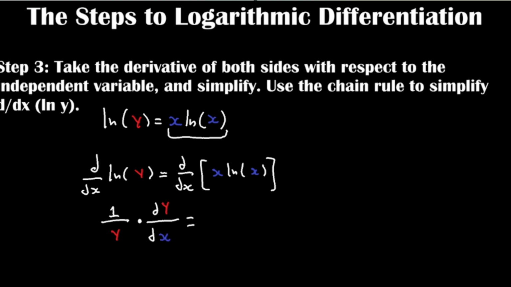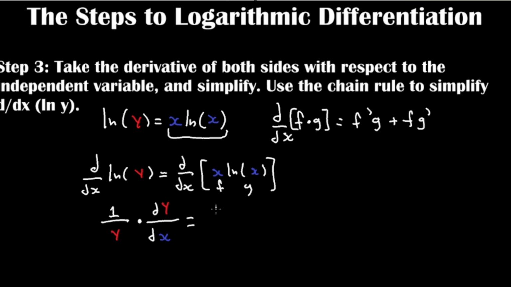On the right, we need to use our product rule. So the product rule says that the derivative of f times g is equal to f prime g plus f g prime. Well, here our x is our f and natural log of x is our g.